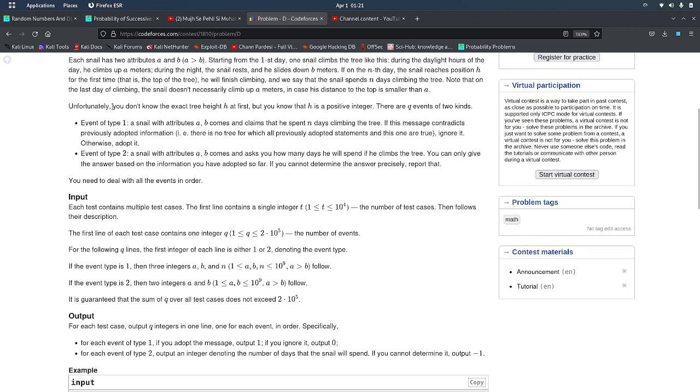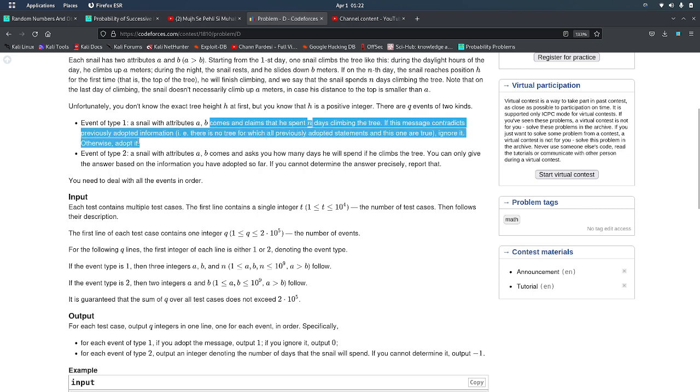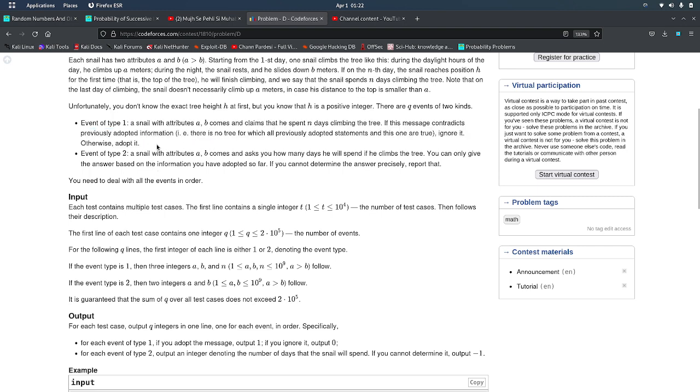Right. Unfortunately, you don't know exactly the height of the tree, and there are q queries. Query of type 1 will be given a snail, and at first we'll have to adapt our range of height for the tree, according to whatever the snail says.